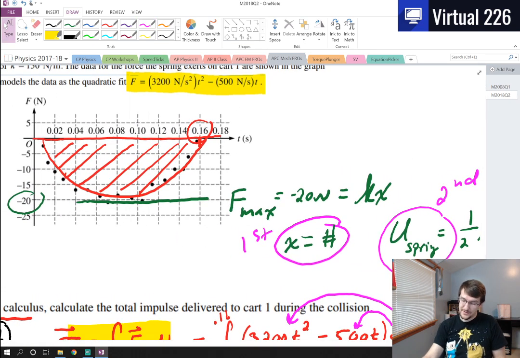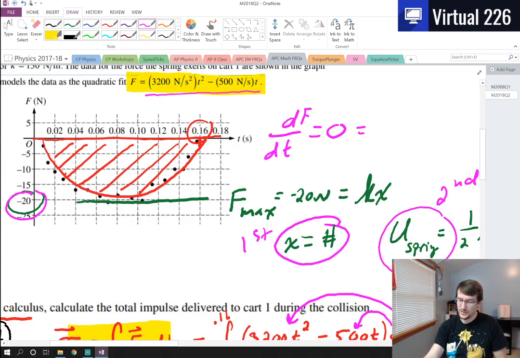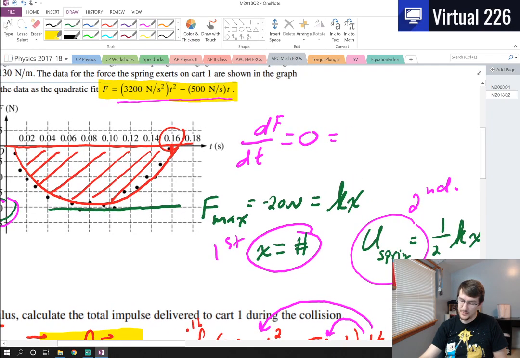If you get F max just by saying, hey, look, it's about -20 here, that's fine. The other way to do it is to say that df dt equals 0, and we essentially just take the derivative of this and set it equal to 0 and find a time. When you do that, you would find that your time here is about, it's like under a second.